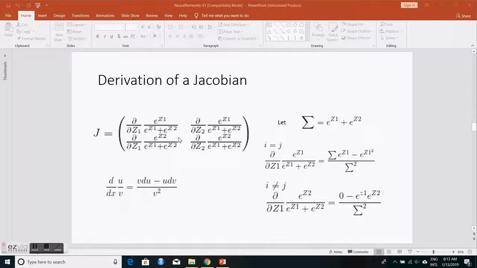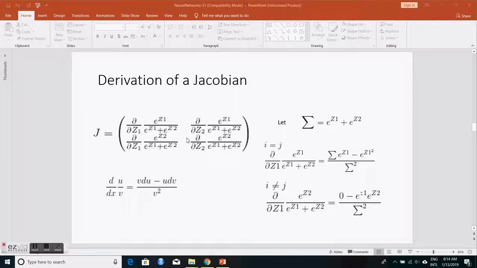Now if you do the derivative, it's a bit laborious, even though I've just taken two inputs x1 and x2 and have z1 and z2. We can see that the derivatives dou by dou z1 of e power z1 divided by e power z1 plus z2, and dou by dou z2 of e power z2 divided by e power z1 plus z2, these two will have an identical form and these two will have an identical form.